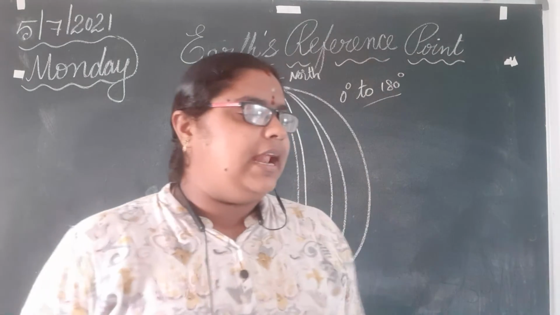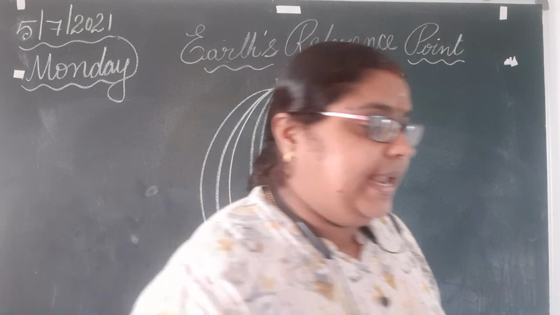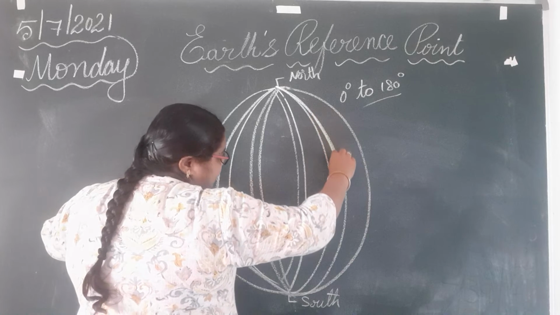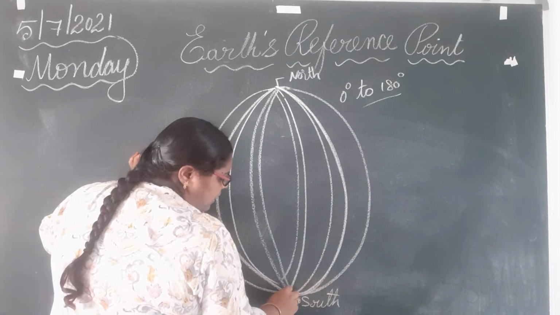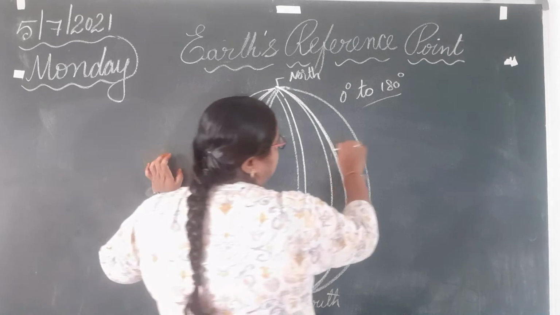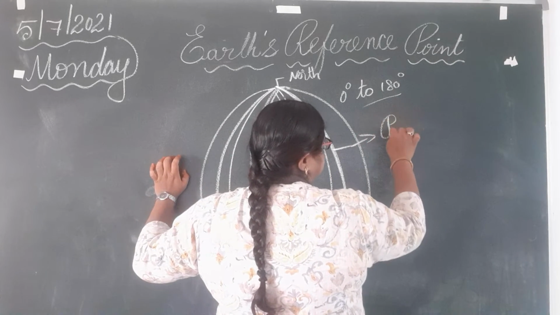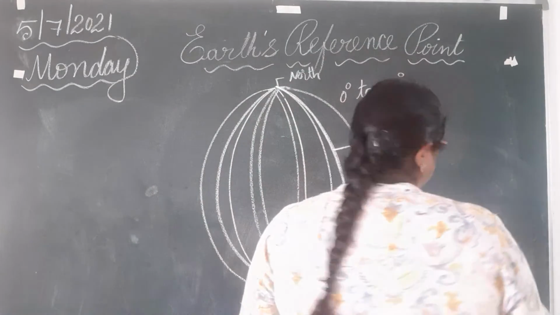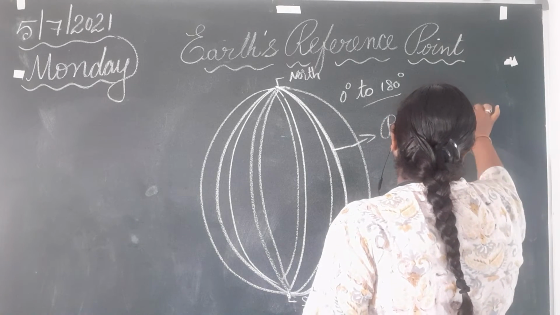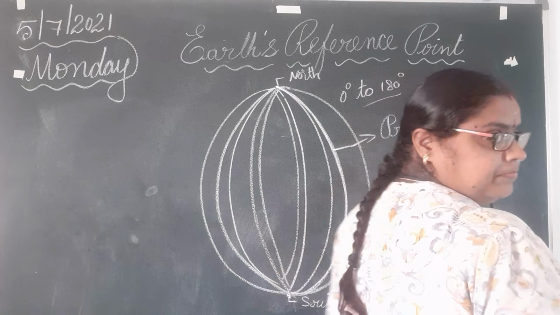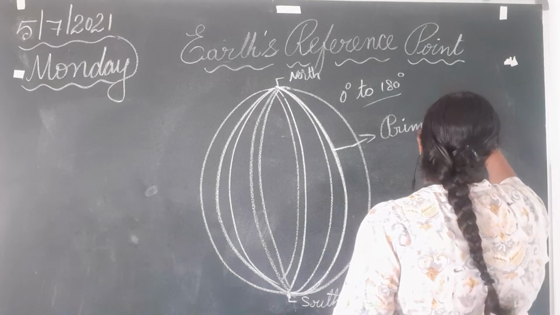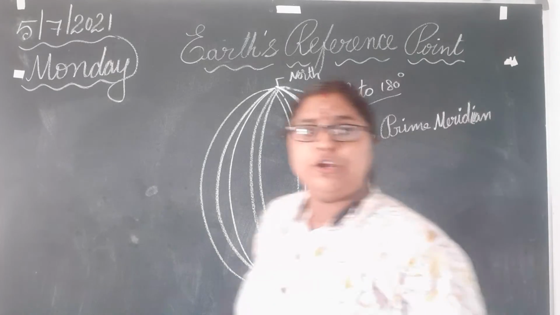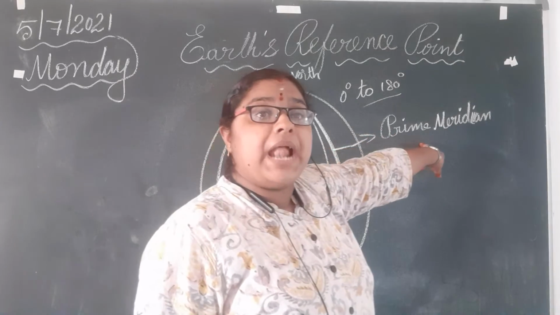The 0 degree longitude is called the prime meridian.